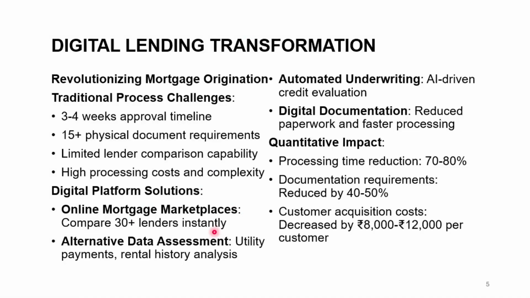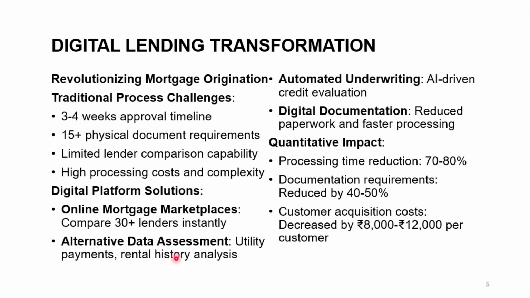Earlier you had to go to an expert, and they would take time and then come out with the options for you. But now you can see instantaneously what options are available to you. Then alternative data assessment, so utility payments, rental history analysis, you can do all that very quickly. So these are some very big advantages of the speed and the kind of data you can process.